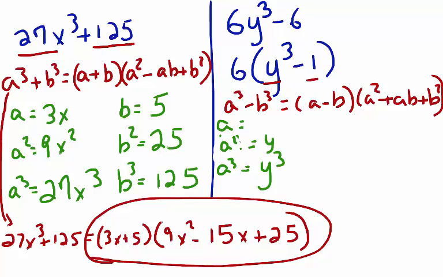A squared becomes y squared, and a is y. Now for our b terms, b squared, and b cubed. B cubed is 1, the cube root of 1 is 1, and 1 squared is 1. So all of the values for b are 1. Lastly, we just need to plug this into our formula.